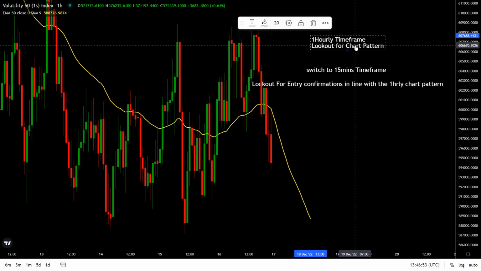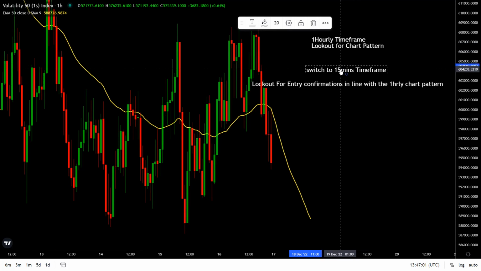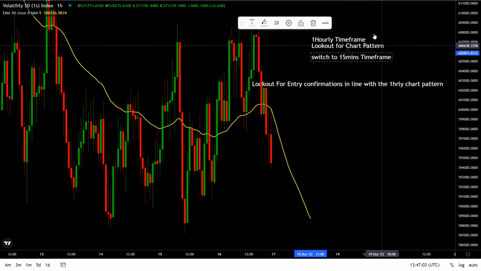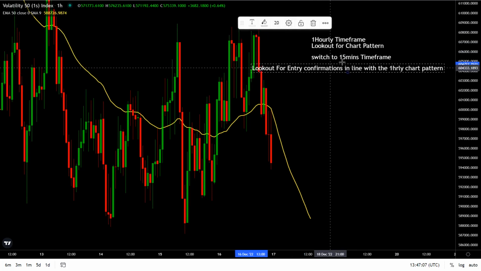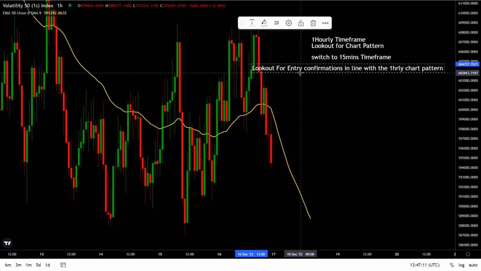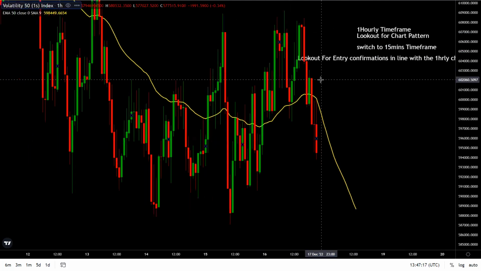As you know very well, that's one of my favorite chart patterns. Also the double tops and the double bottoms. Then when I spot these chart patterns, I quickly move down toward the 15 minutes time frame and look out for entry confirmations in line with the chart patterns.